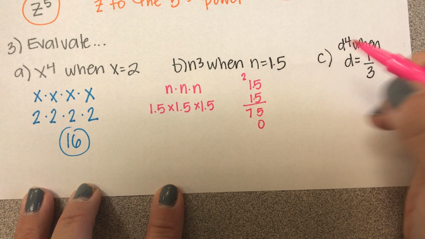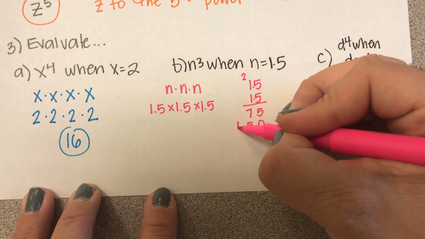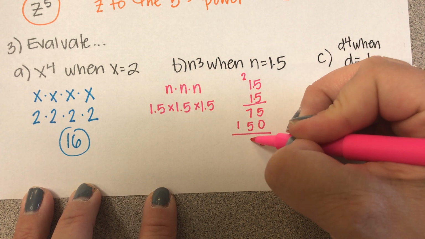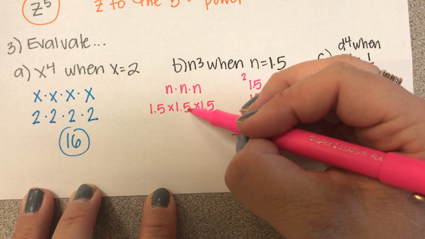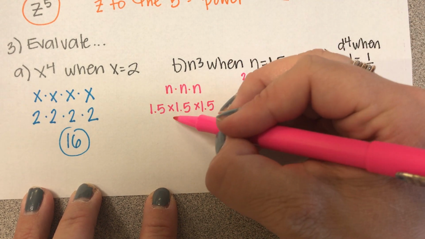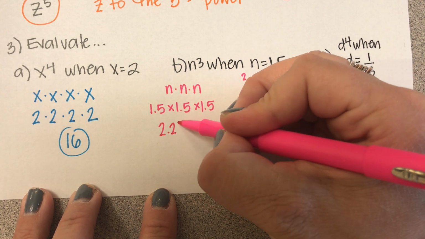I put a 0 to show I was there. 1 times 5 is 5, and 1 times 1 is 1. So that gives me 5, 12, and 2. Okay, so that would be 1.5 times 1.5 is, and remember 2 numbers behind the decimal, 2.25.